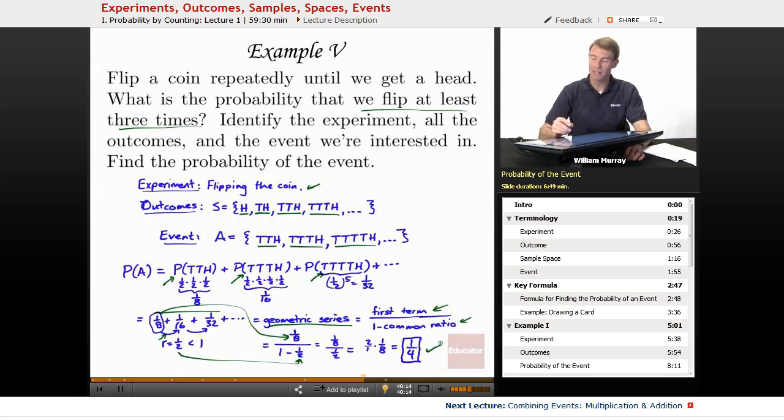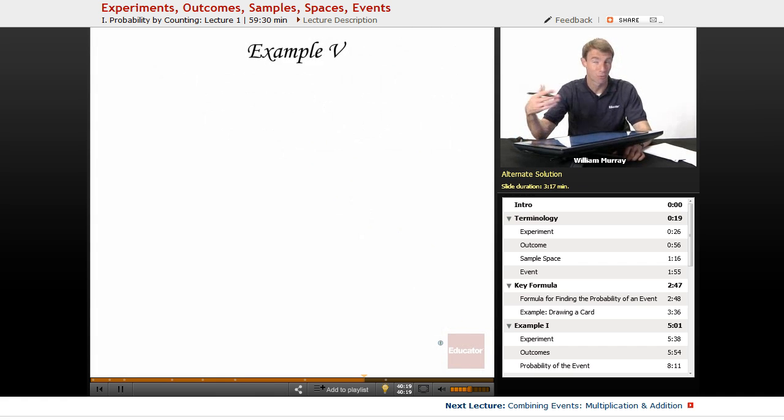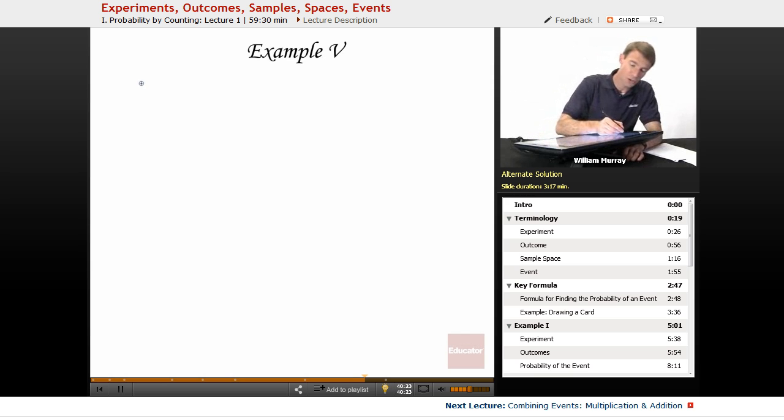Now I'm going to calculate this a different way. Let me show you how you could have done that, in fact, without summing up a geometric series. Here's an alternate solution for that one, the same problem as before.